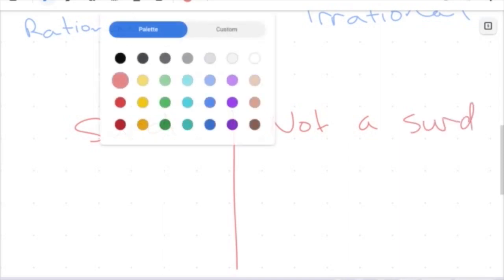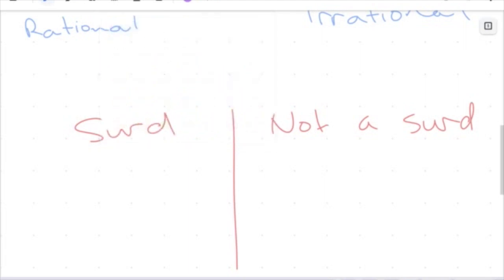So let's say we wrote the number square root of 16. Now 16 is a perfect square because I can get one rational number that multiplies by itself to give me 16. See, now we're extending the definition of a perfect square.